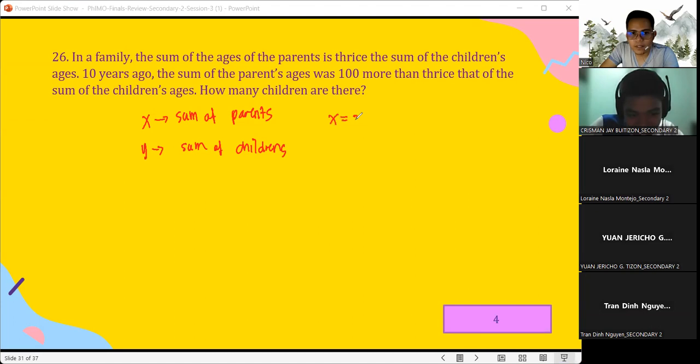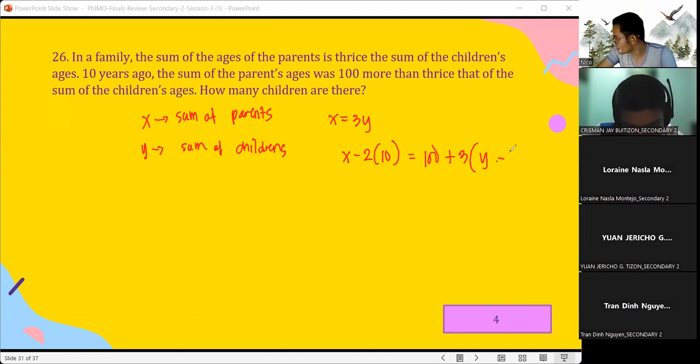So x here is equal to 3y, right? But 10 years ago, the sum of parents' ages was 100 more than thrice that of the sum of children's ages. So x minus 20, because there are two of them, right, is equal to 100 more than thrice. So thrice of y minus the age of the children 10 years ago, minus 10n.